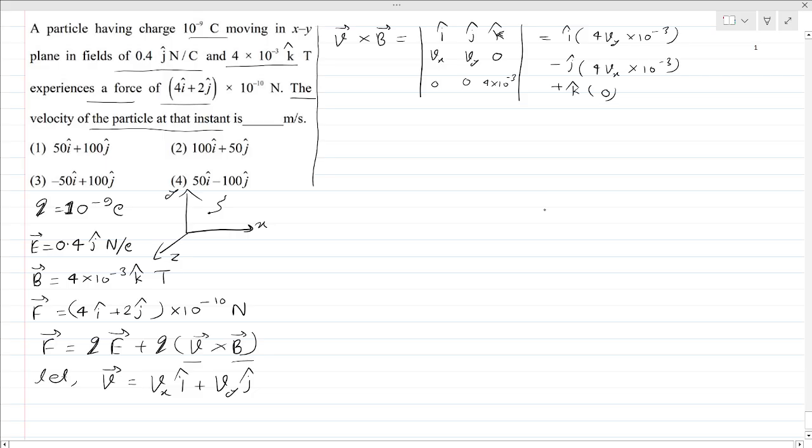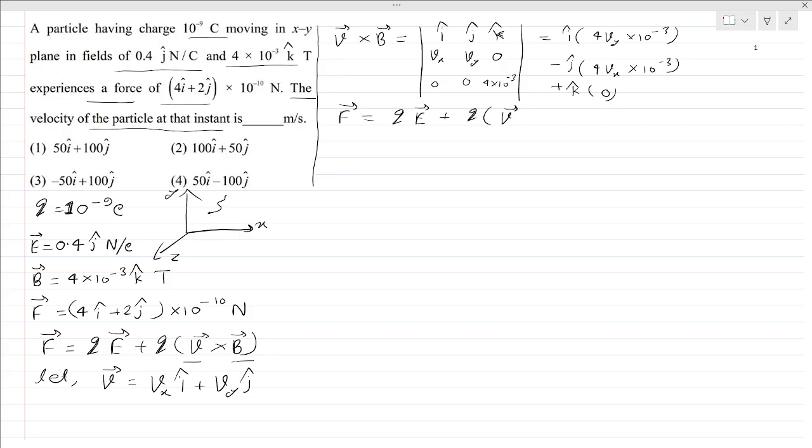Okay. So we have the V vector cross B vector. So if we simply put the expressions in vector notation, then we can easily calculate the values of Vx and Vy. We can write plus Q into V vector cross B vector.